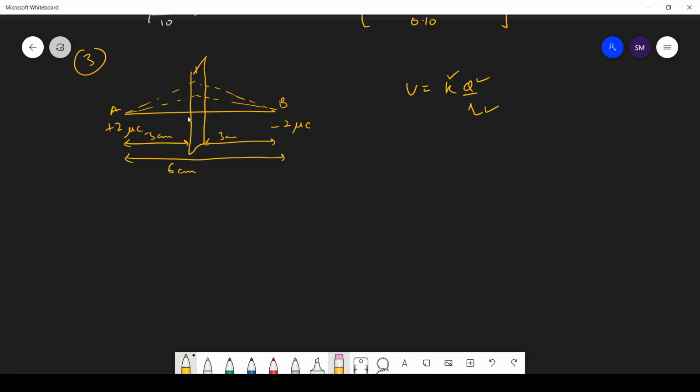So this is an equipotential plane, and what is the potential over here? 0. So exactly cancelling out. This is the midpoint of AB.